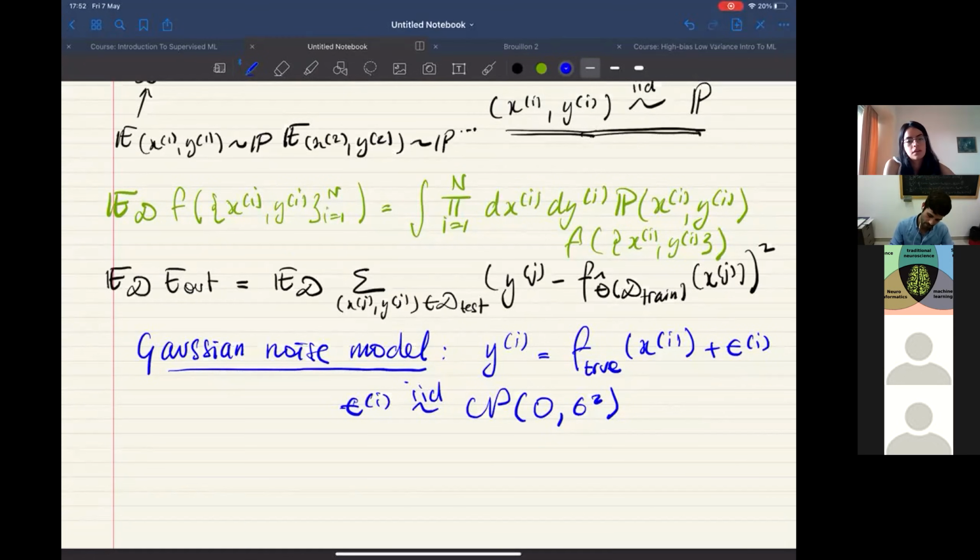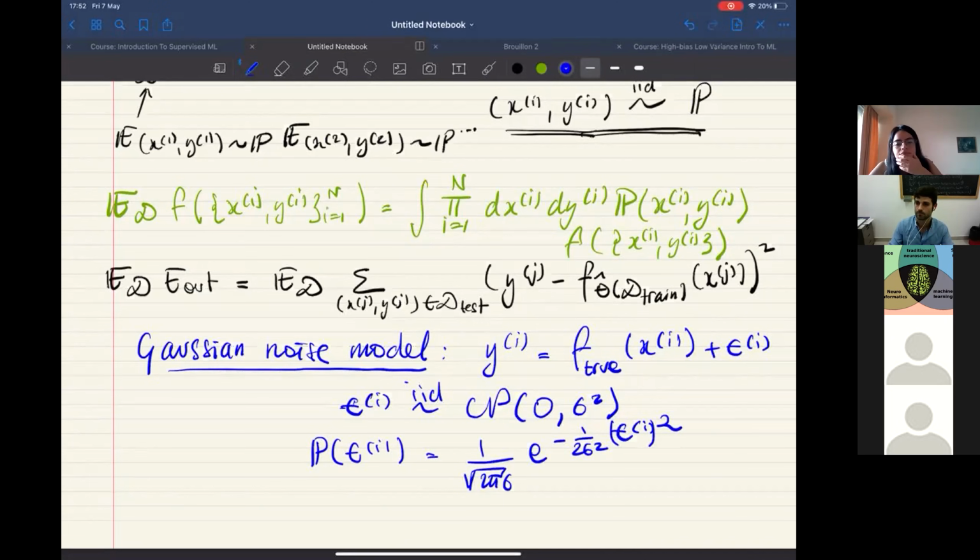It means that the probability density of epsilon i is of the form 1 over sqrt(2 pi) sigma times exponential of minus 1 over 2 sigma squared epsilon i squared. This is the probability density function of the normal distribution of variance sigma squared.